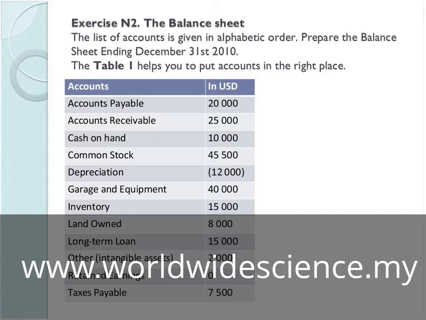And the next note, depreciation. Here is given 12,000, which is depreciation, our expense, and it must be deducted from our fixed assets, right?